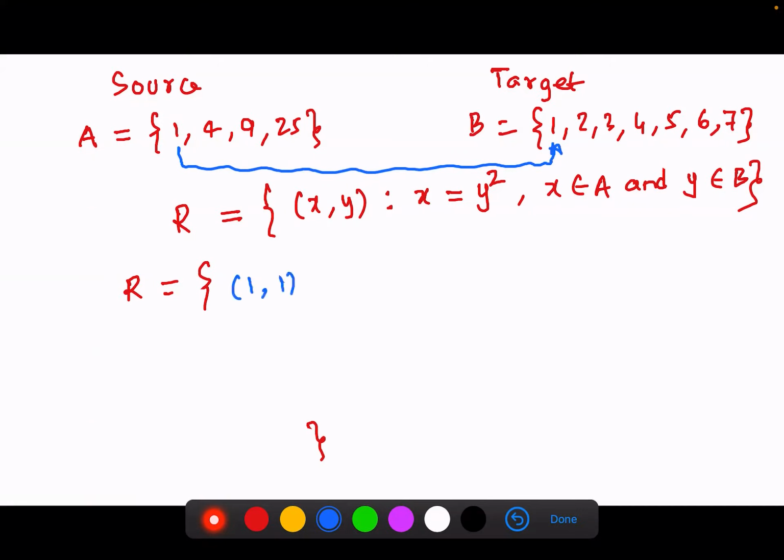So 1 comma 1, and then if I take 4... x belongs to B, sir? No, I am defining it this way, Harsha. I am saying x is y square. I can do that.